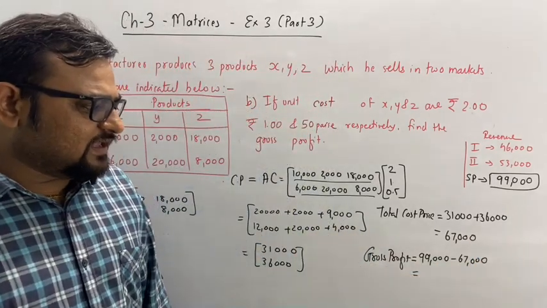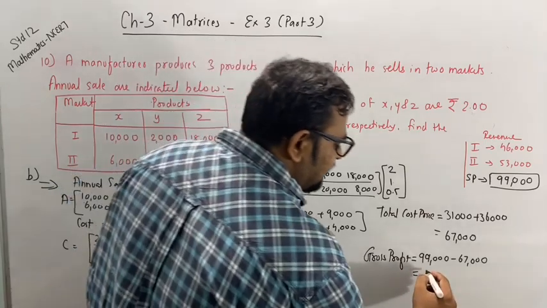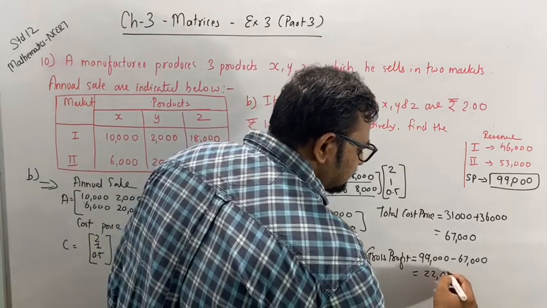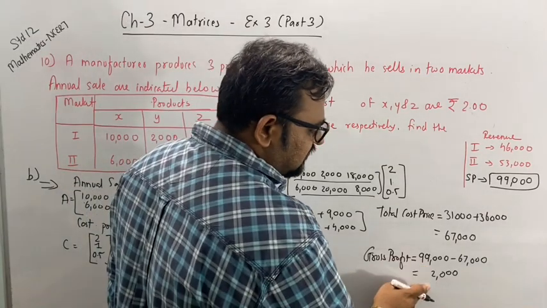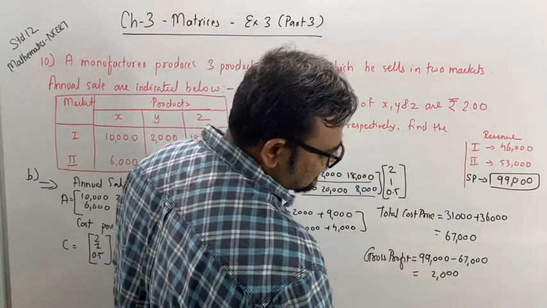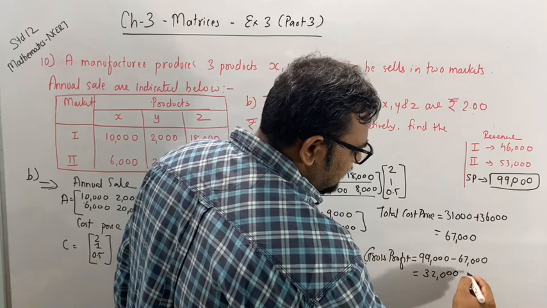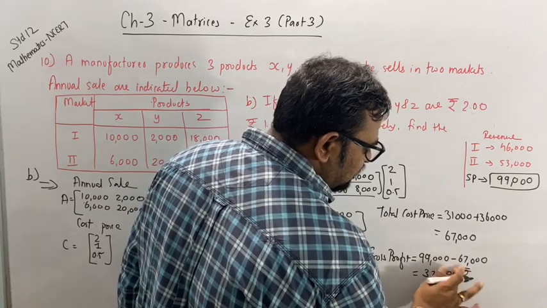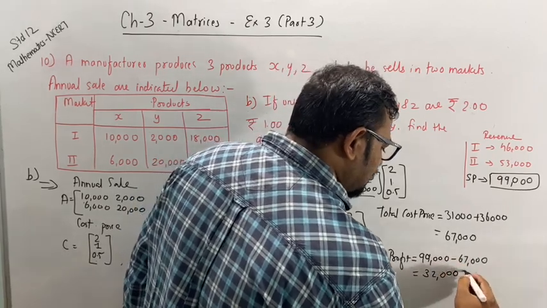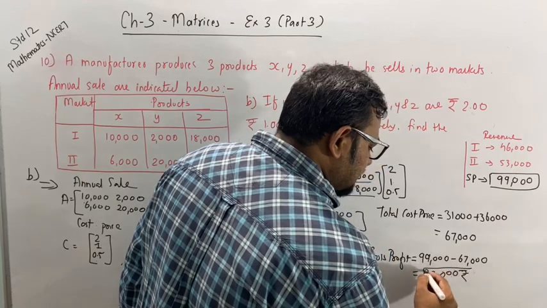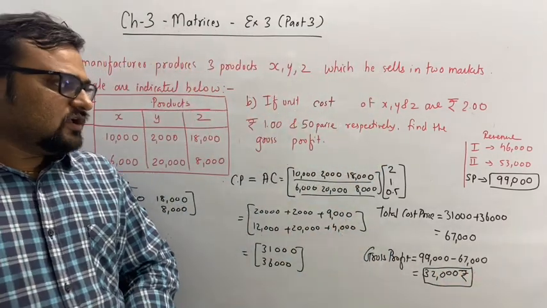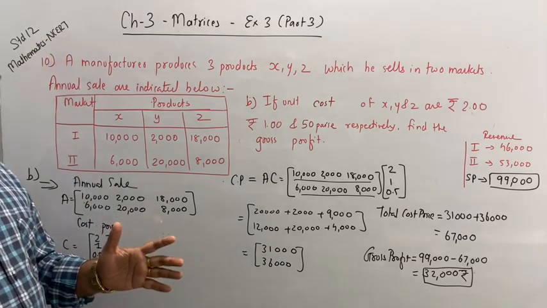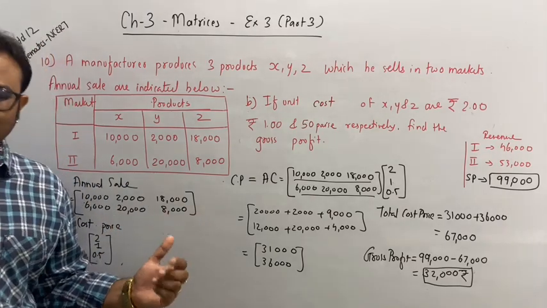This will be equal to, sorry, 32,000. 67,000, 77, 87. Yes, 32,000 rupees. The total gross profit will be 32,000. Clear? Just note down B of question number 10.